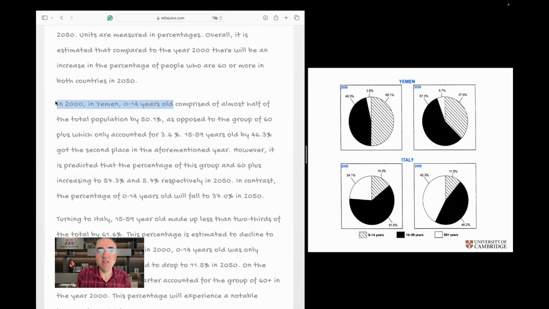Maybe we needed another sentence just to say that, okay, in this paragraph, we're going to talk about Yemen. Good. And you could go ahead and say that the most important demographic for them were people from the ages of 0 to 59. Yeah, I'm merging two of them.